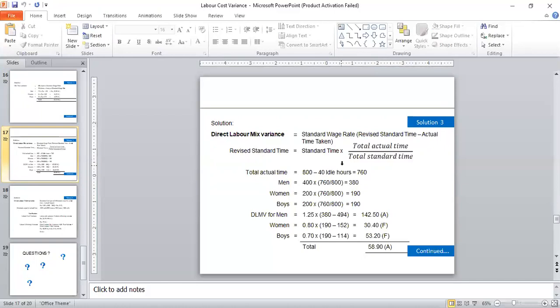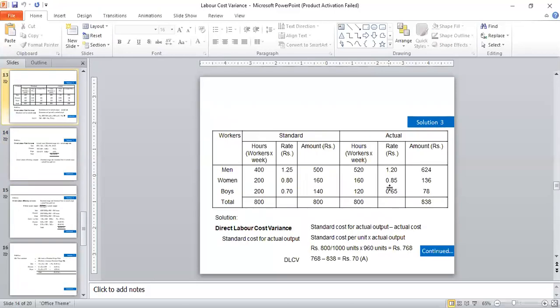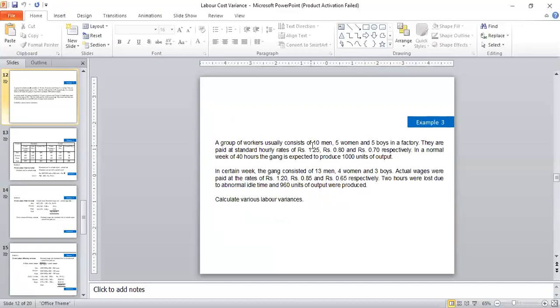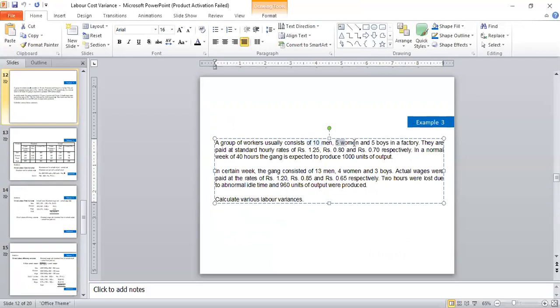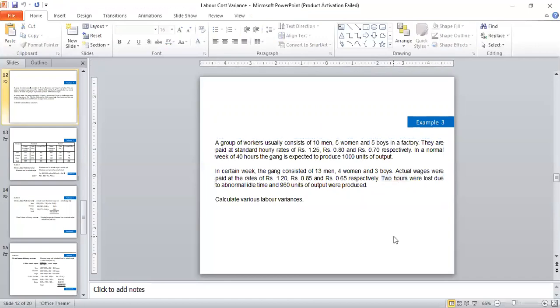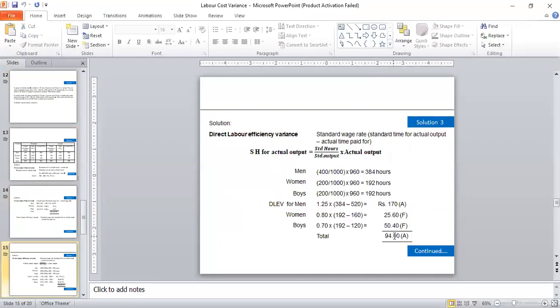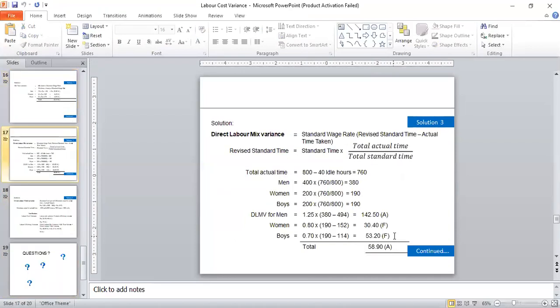Same for the boys, 5 boys and 2 hours of idle time, they have 10 hours of total idle time. You can see from the table here 10 men, 5 women and 5 boys. Total time is 40 hours of idle time that we take here.